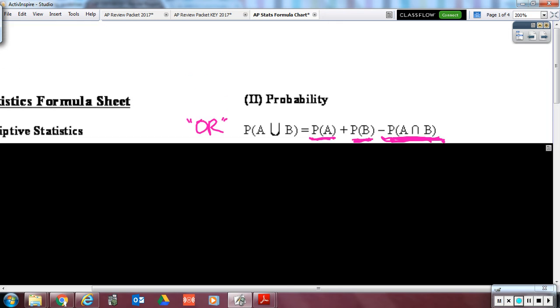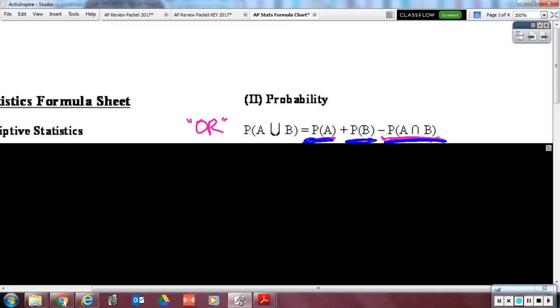This is on the formula chart on the right-hand side. Probability of A or B is the probability of A plus the probability of B, and take away any of those sections that got double counted. So that's the formula: probability of A plus probability of B minus the probability of A and B. So be mindful of parts that get double counted.